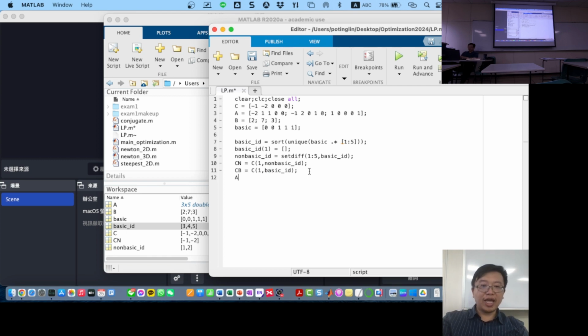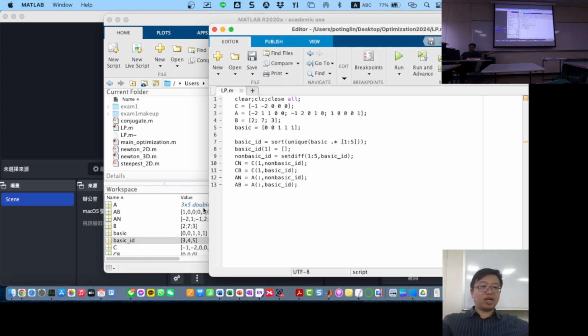How about the An? Basically the A matrix, with all rows in the first one, and second one, non-basic. So A basic, here basic ID. The b vector is always the same. So you will need to compute all these.